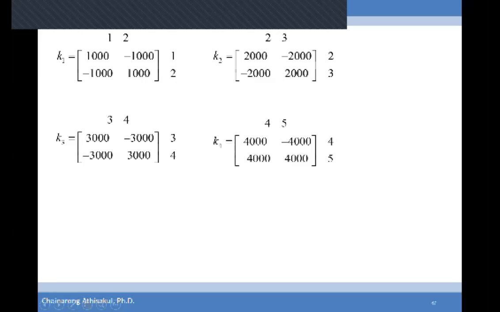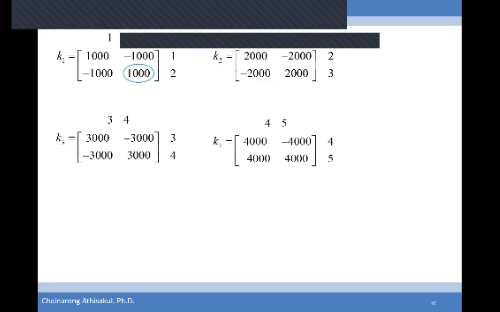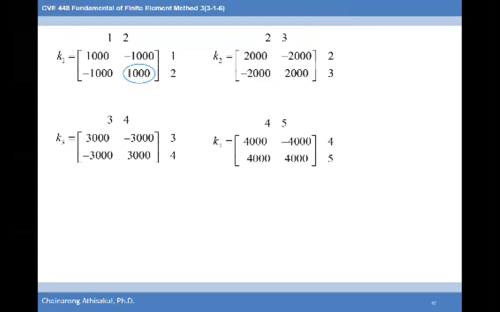After we write the expanded form, we sum up the terms that are in the same position. For example, for element number 1, see that this position is on node number 2 and node number 2.